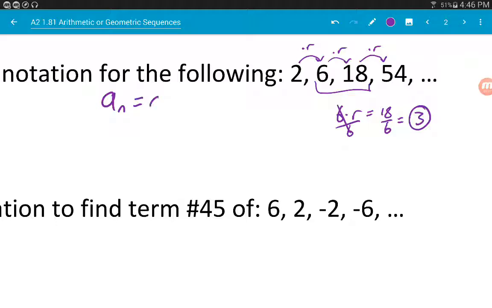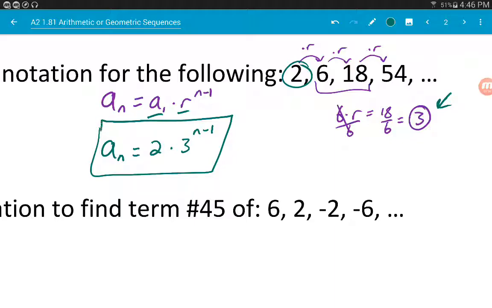A sub n is equal to a sub 1 times r to the n minus 1 power. The two things I need to be able to plug in are a sub 1 and r. A sub 1 is 2. Well, that's easy. First term is 2. R, we already found that, is 3, to the n minus 1 power. That's the explicit notation for that.